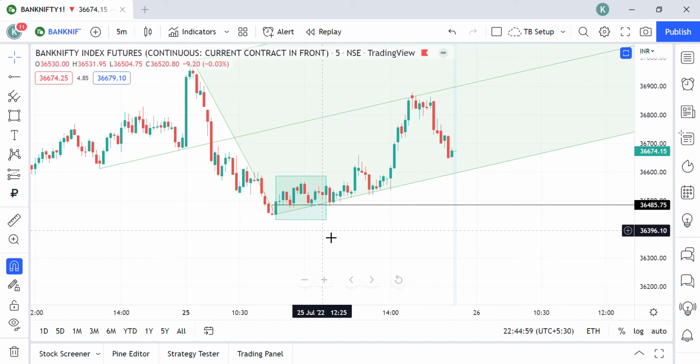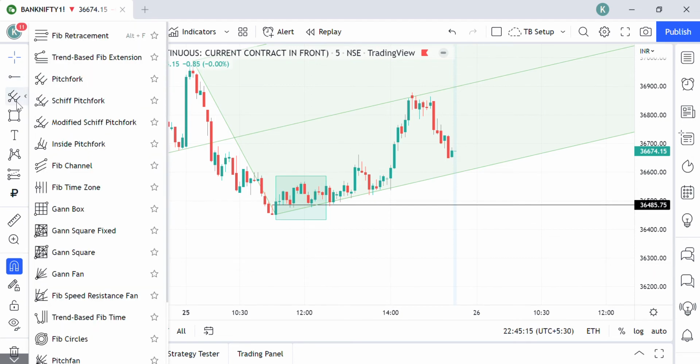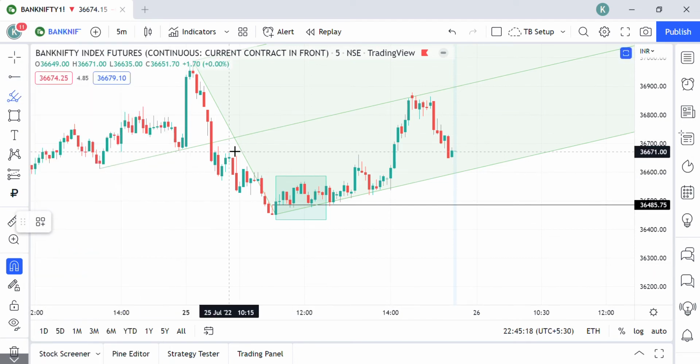Now either you can go for a buy call at this level where an inside and outside candle has formed, or there is another metric you can choose to enter the market at another specific point, by drawing a modified pitchfork between these two vectors.